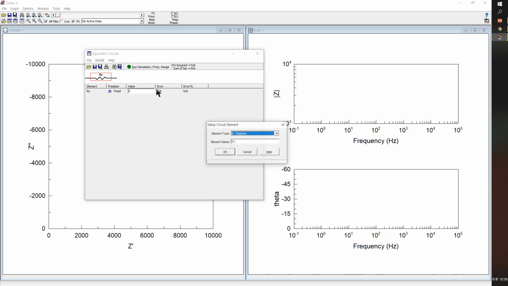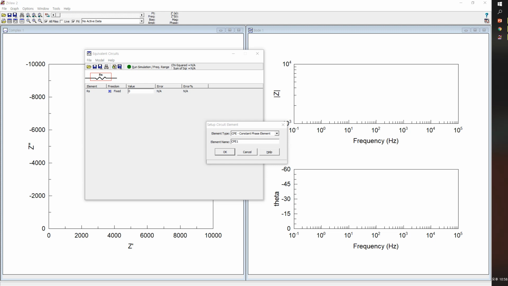Then let me change the element type to the constant phase element rather than the resistor. Like that, CPE. As I have said, please use the CPE instead of the capacitance, because we should think about some non-ideality of the capacitance.